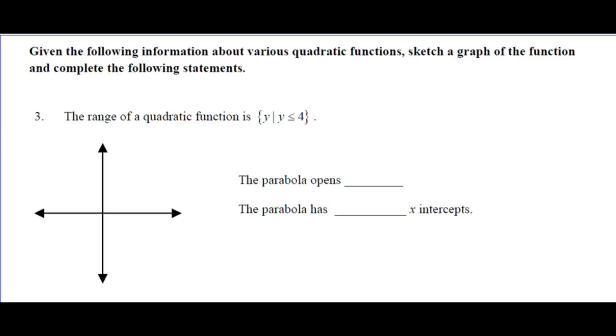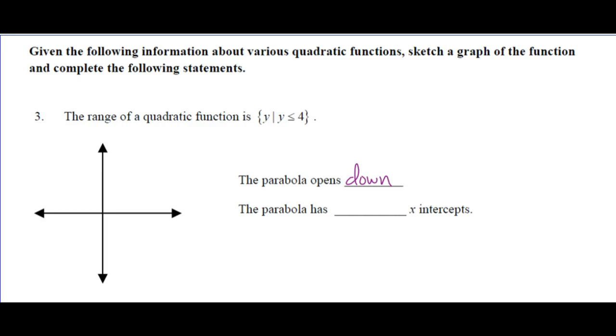Given the following information about various quadratic functions, sketch a graph of the function and complete the following statements. Okay, so now we're giving you some information. I'm saying the range is y is less than or equal to 4, which means the parabola opens down, because that's the maximum point, so everything has to be less than that.